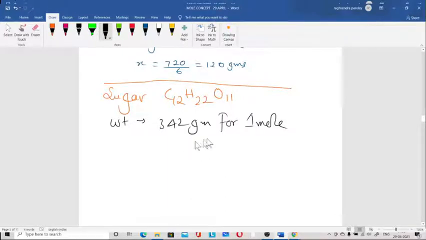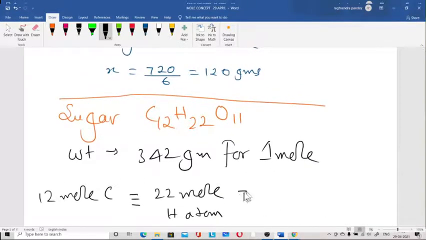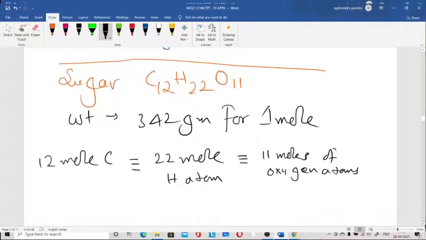Each sugar molecule has 12 moles of carbon, that is equivalent to 22 moles of hydrogen atoms, and that is equivalent to 11 moles of oxygen atoms.